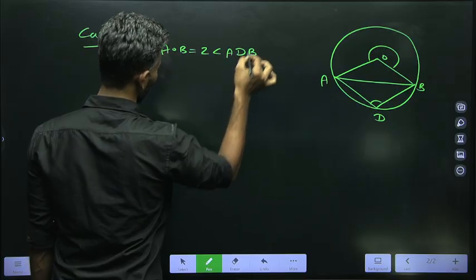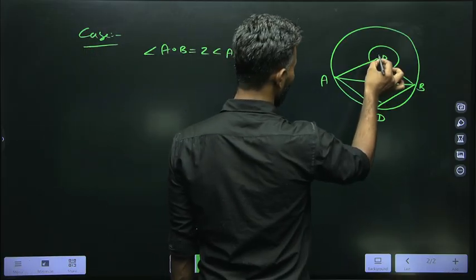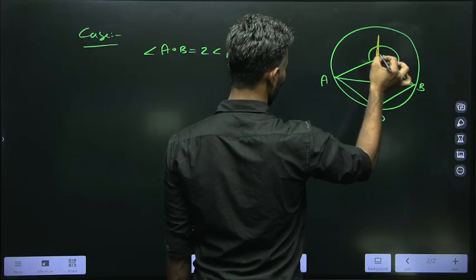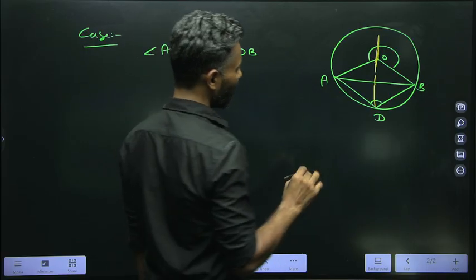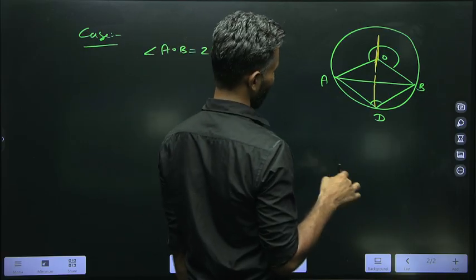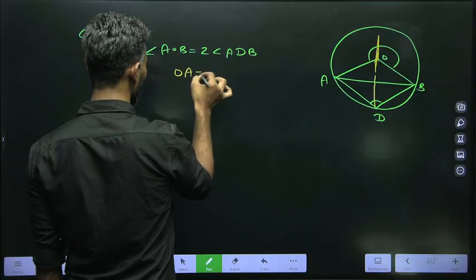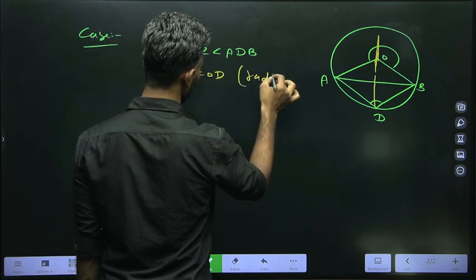So we have to draw the same kind of construction. We have to join O and D with each other, and we have to produce it. Now here also we can say that OA will be equal to OD. Why equal? Because they are radii of the circle.